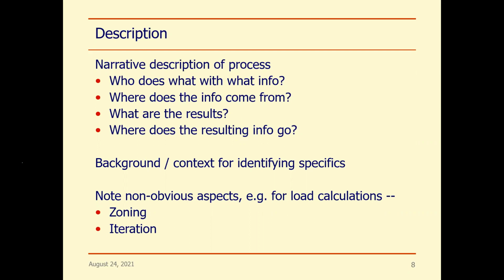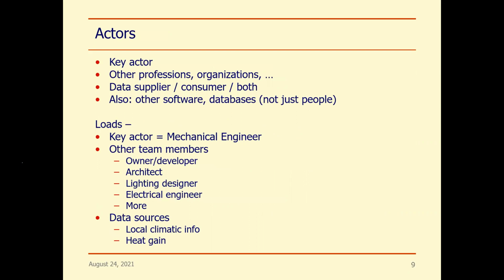Next. Then the actors are identified, and there's a key actor who is kind of the focus of the activity. Then other actors involved in the activity would be called out, would be identified. And some are data suppliers, some are data consumers, some are both. And some actors are software or databases.